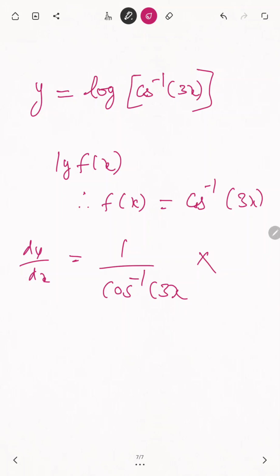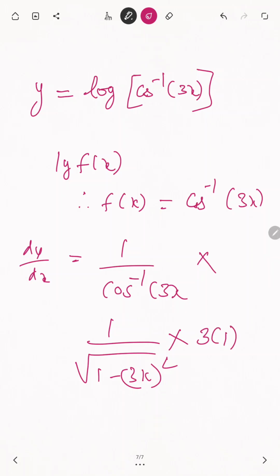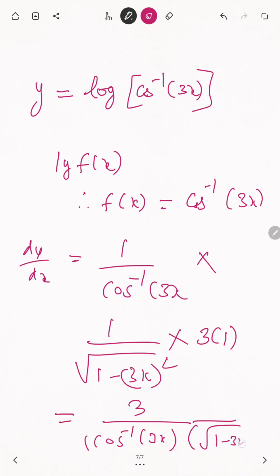Cos inverse 3x is inverse function. How to differentiate inverse function? Apply the formula. So 1 by root of 1 minus 3x whole square into differential of the function after inverse, so 3 into 1. Therefore the answer is 3 in the numerator, and cos inverse 3x in the denominator, and you take the product with root of 1 minus 3x square. 1 minus 3x whole square is what? 9x square, correct? It is 9x square.